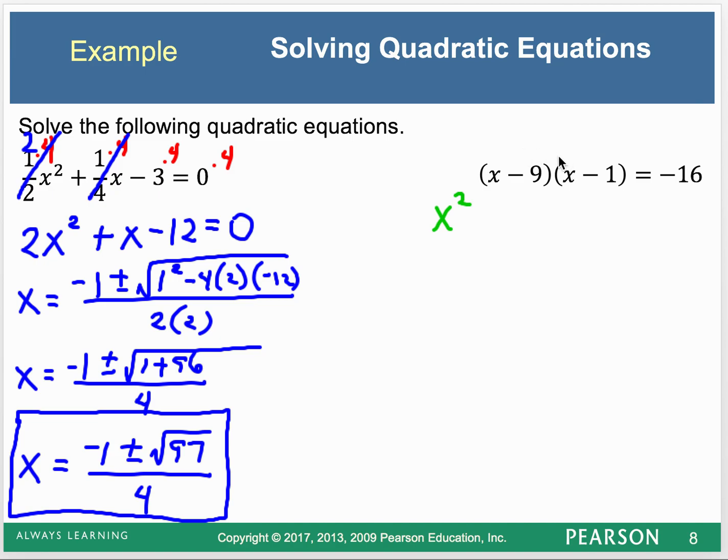So x squared minus x minus 9x plus 9 equals -16. Now, I'm going to combine all my terms and set it equal to 0 again. So I've got x squared minus 10x. And if we add 16 to both sides, we have 25.